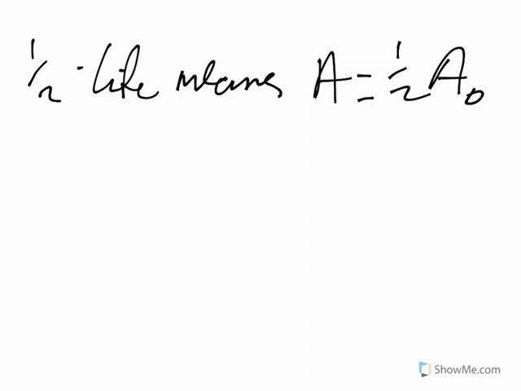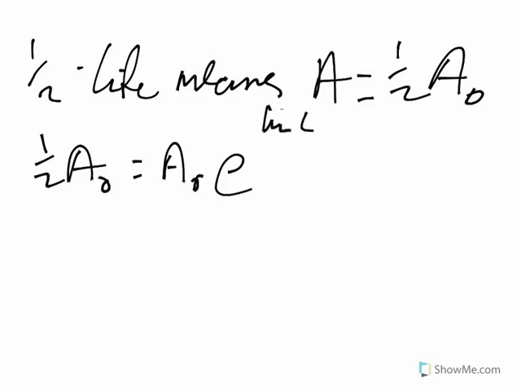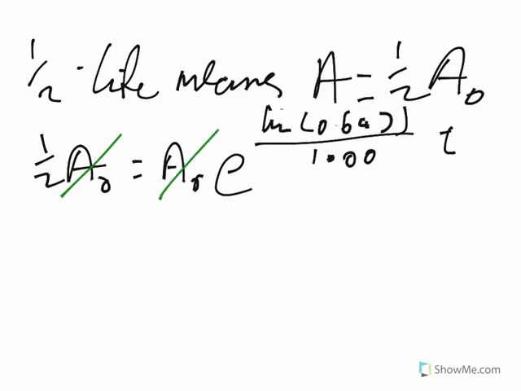So again, we put in that information. So half of my original equals my original e to the ln 0.647 over 1,000 t. Those of course cancel. And do another step as well. Take log to the base e of both sides.